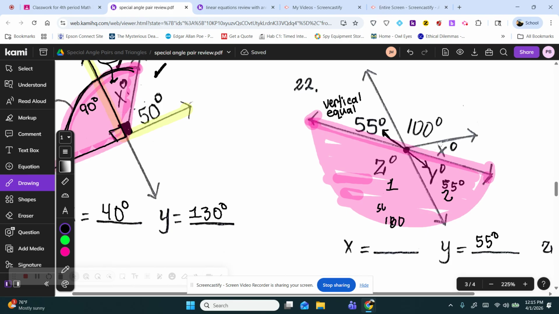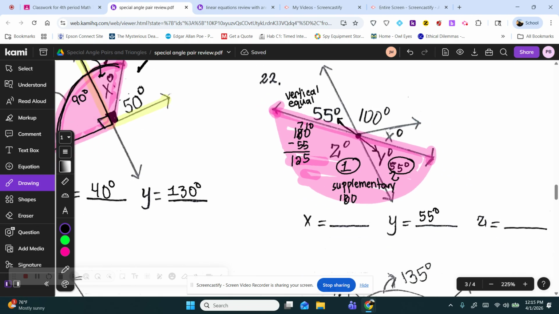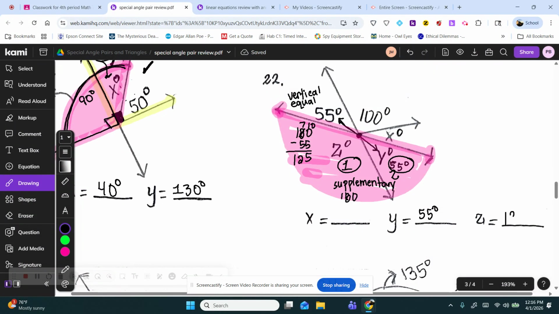They are what we call supplementary. Well, if angle 2 is 55, what does that leave for angle 1 or Z? So you just take 180 and subtract 55. We're going to regroup here, and that will give us Z being a measure of 125 degrees.